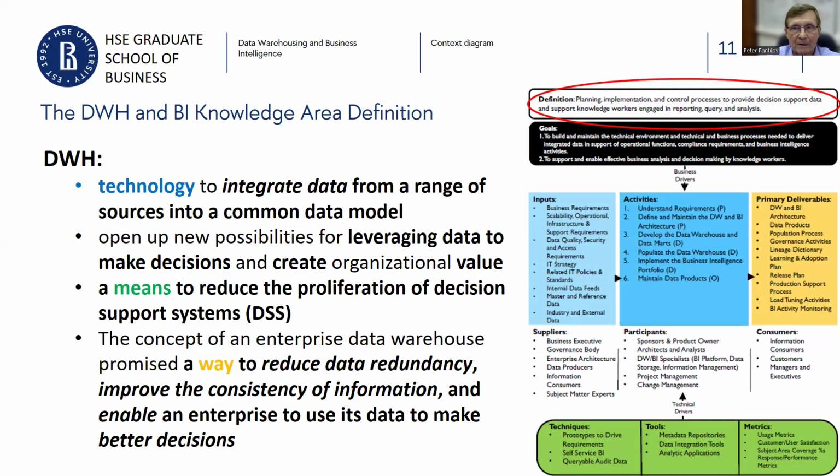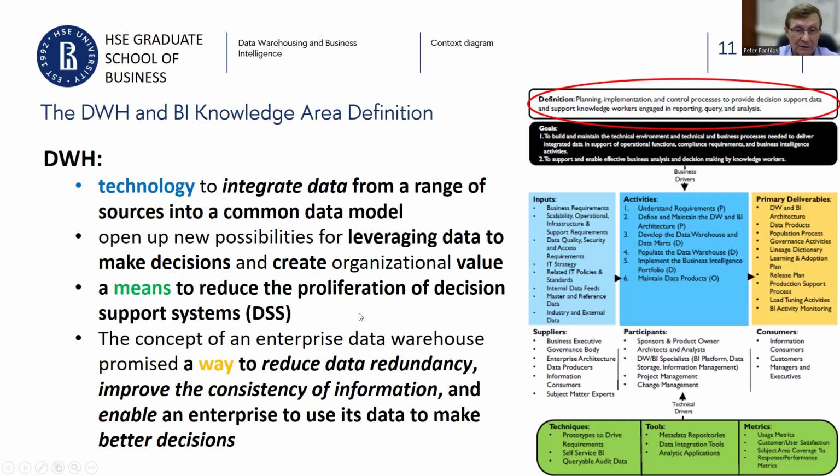So most of the functionality, like business analytics or data analytics, the complex machine learning and other algorithms, are now integrated into data warehouses and data lake houses. So we don't need special applications like DSS. So as you can see, data warehouses in many organizations are considered a means to reduce the proliferation of decision support systems.